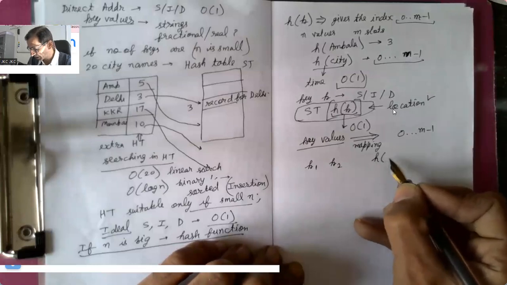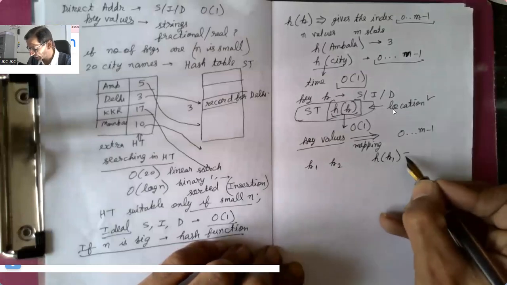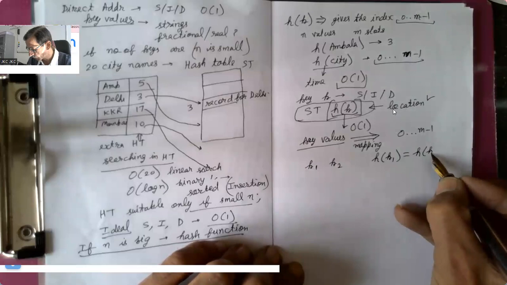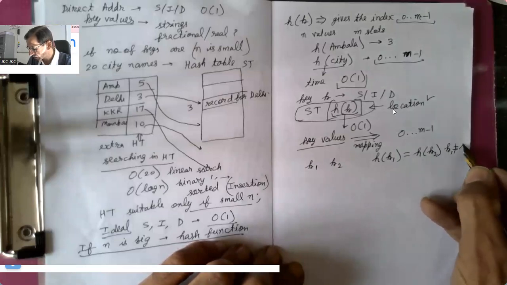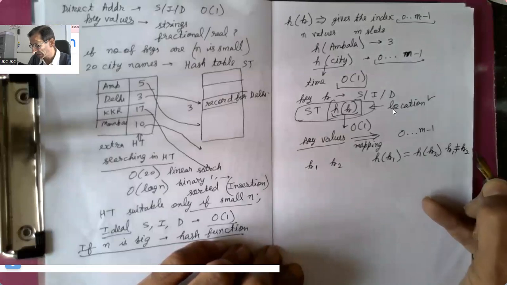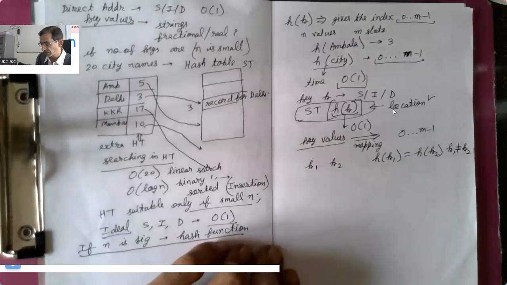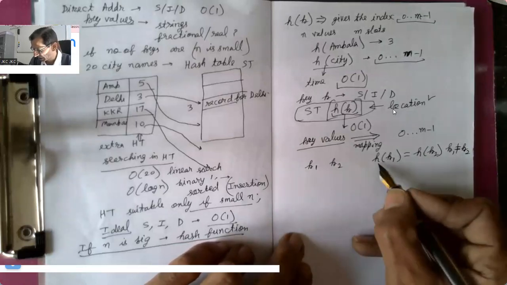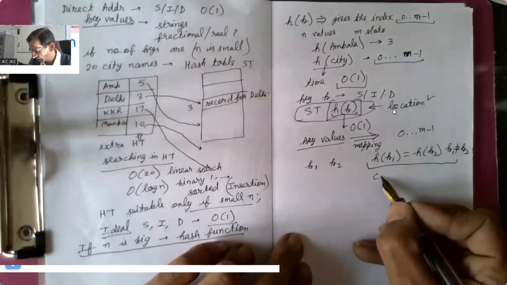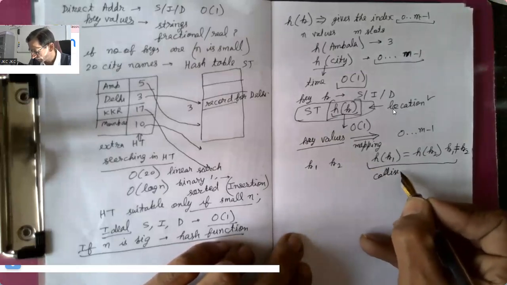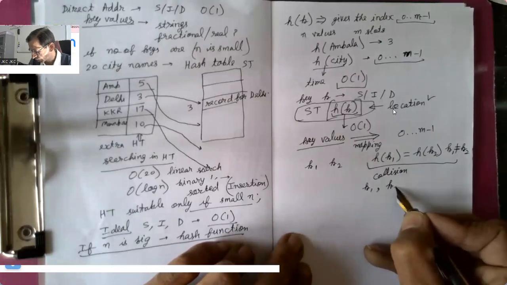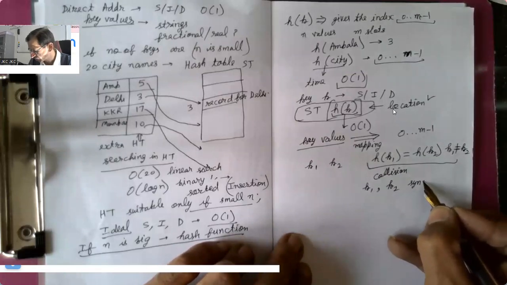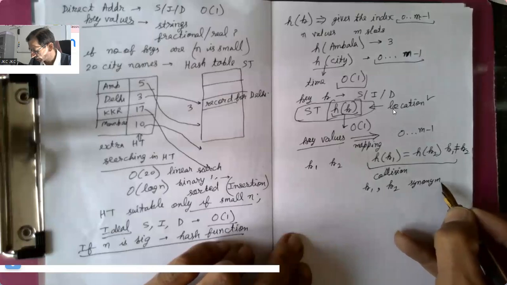It is possible that h of k1 is equal to h of k2, but k1 is not equal to k2, because whenever you define some mathematical function, the calculations could lead to that. If it happens like this, it is called a collision, and k1, k2 are called synonyms. You should know this terminology in any interview, etc.